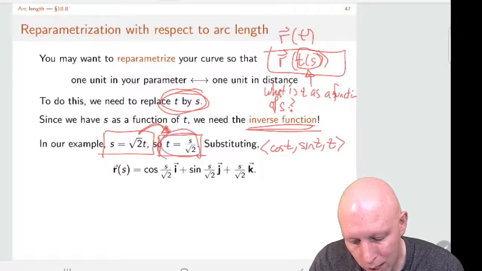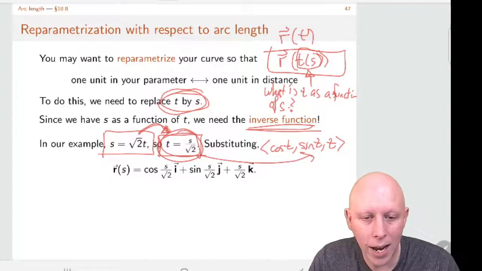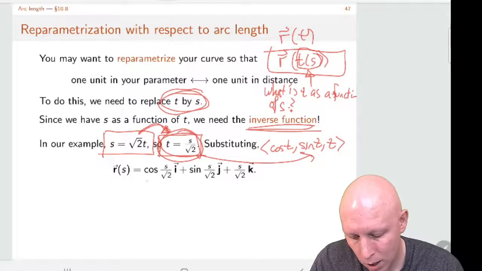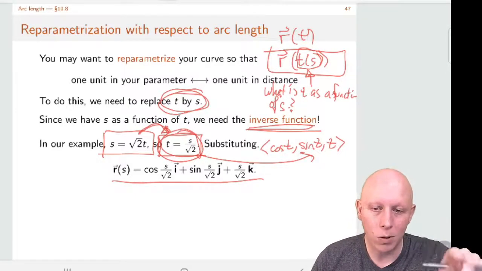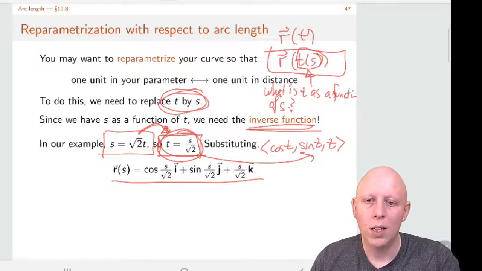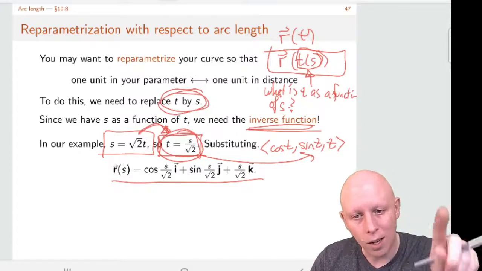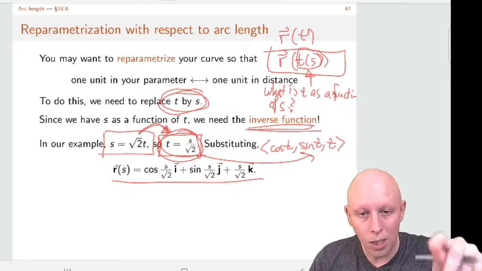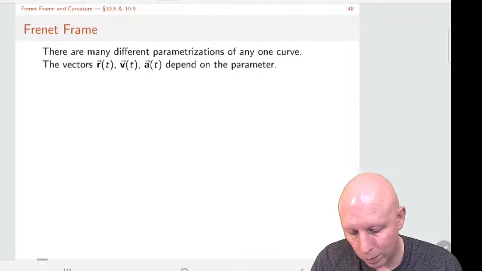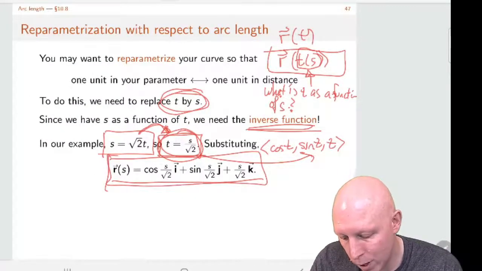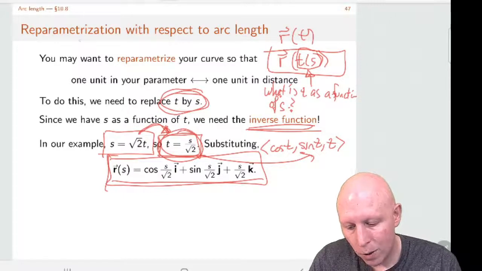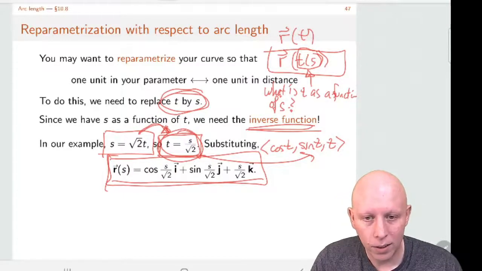And if we replace t by s over square root of 2, we get r of s equals cosine of s over root 2, comma sine of s over root 2, comma s over root 2. All right, and so what this is, is a reparametrization with respect to the arc length.